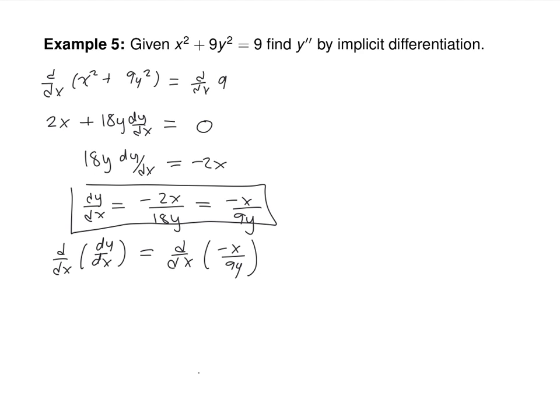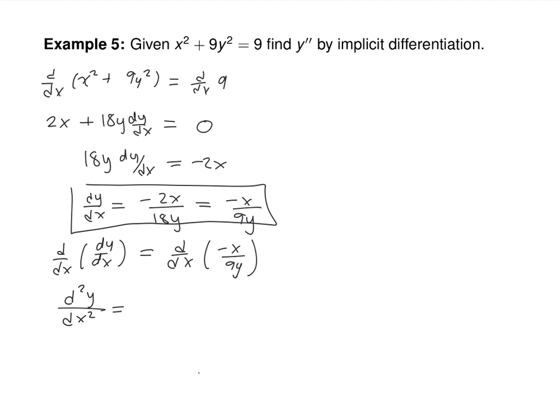That's a 9y in the bottom, same as what it was above. So what this notation on the left becomes is d squared y over dx squared.